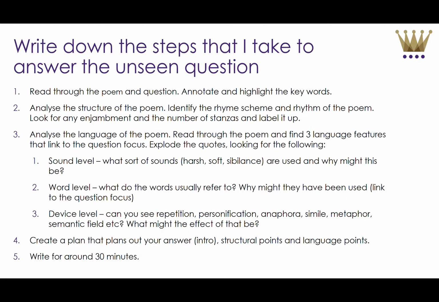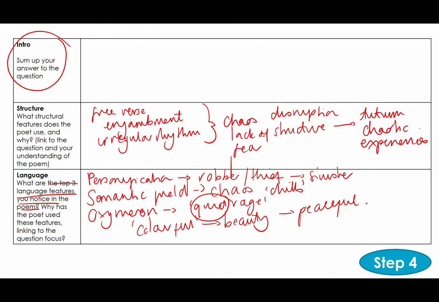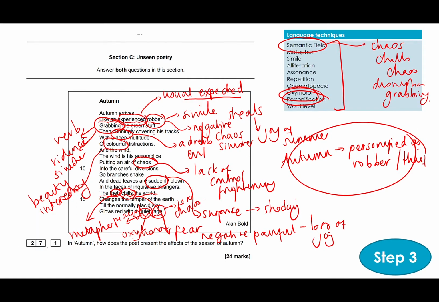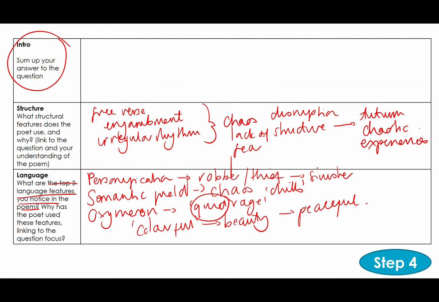Okay. Finally then I need to fill in my intro, so that's where I just use my own words. So I'm going to think of some words, reviewing my notes again, that I would use to describe autumn. So looking at these, I've written things like destructive, unwelcome, it's sinister, but also the idea that it's maybe beautiful, it's expected. So let me just pop some of those words in.